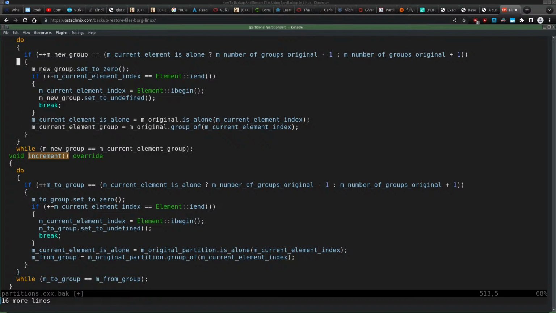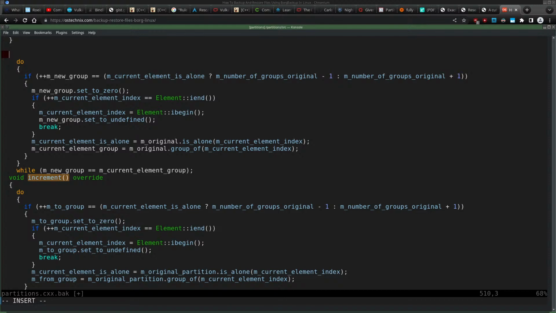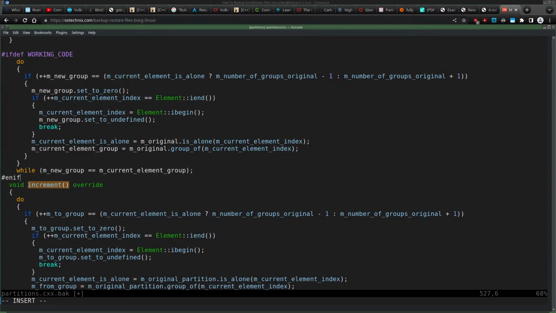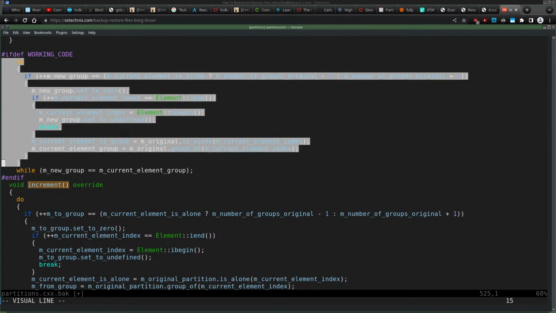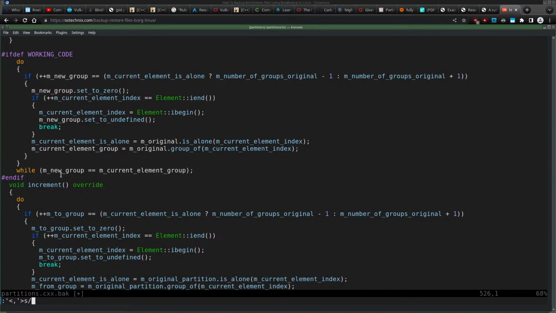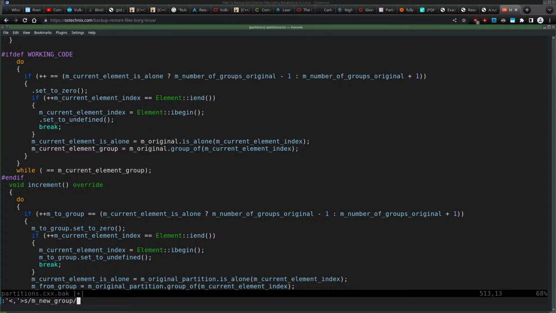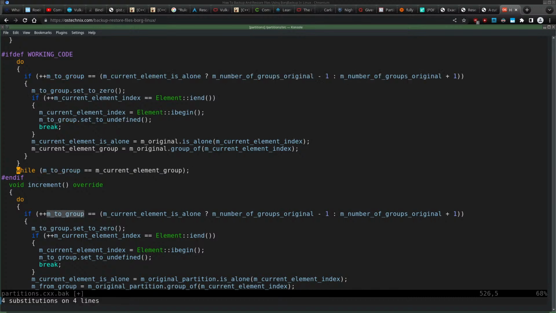Okay, so this is the working code. In the working code, the new group was still called new group. And later I renamed it to to group. Well, it really should be the same thing.